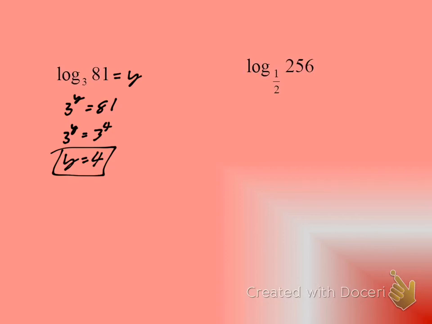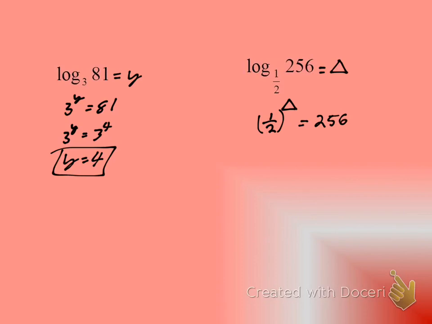Okay. And the last one, I'm going to go way off the wall. Ready? Triangle. Log base 1/2 of 256 equals a triangle. Solve for the triangle. Ready? Do your switch. Okay, so 1/2 to the power of triangle equals 256.